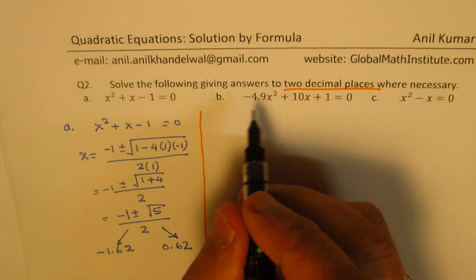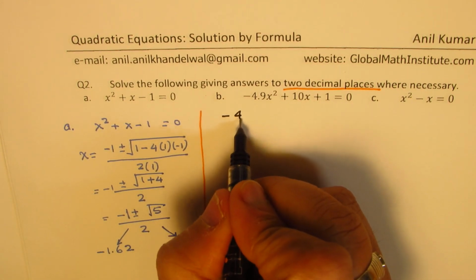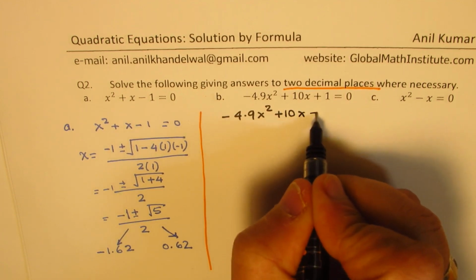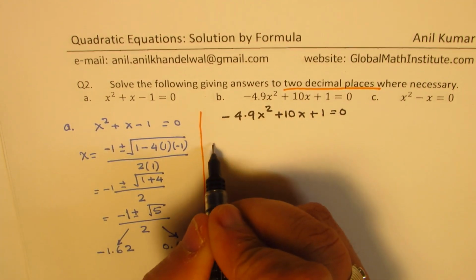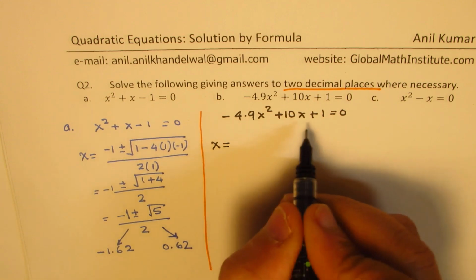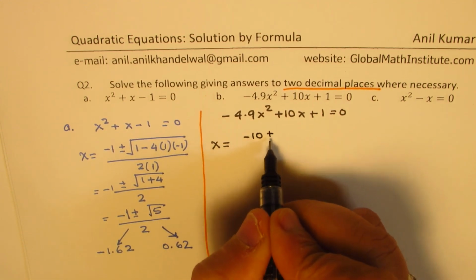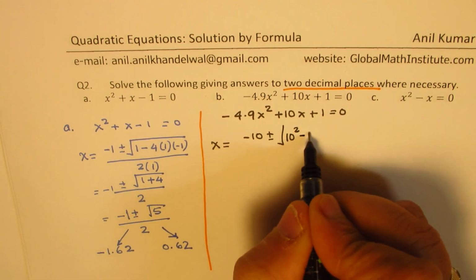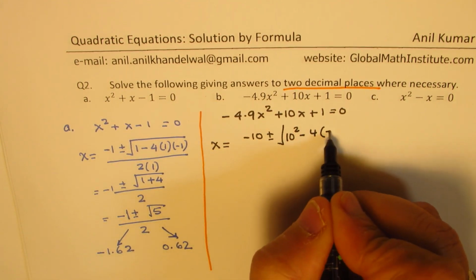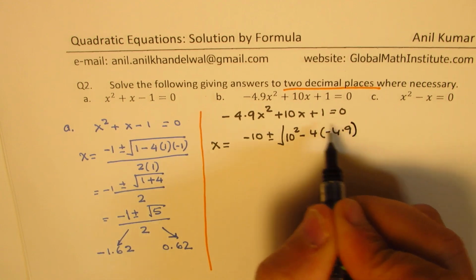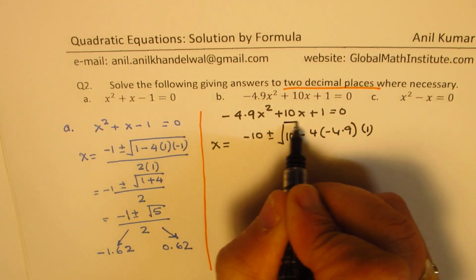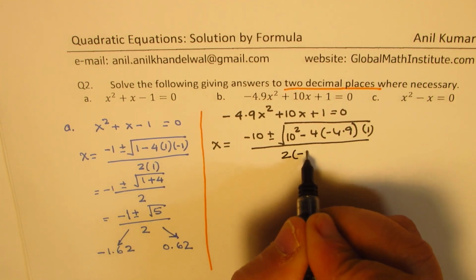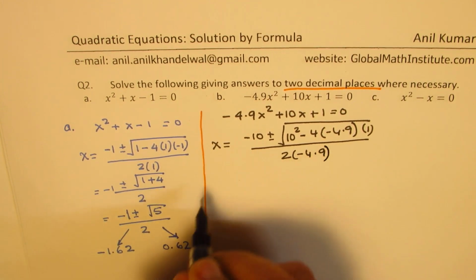The next one here is minus 4.9 x squared plus 10x plus 1 equals 0. So x is equal to minus 10 plus minus square root of 10 squared minus 4 times minus 4.9 times 1, over 2 times minus 4.9, right?